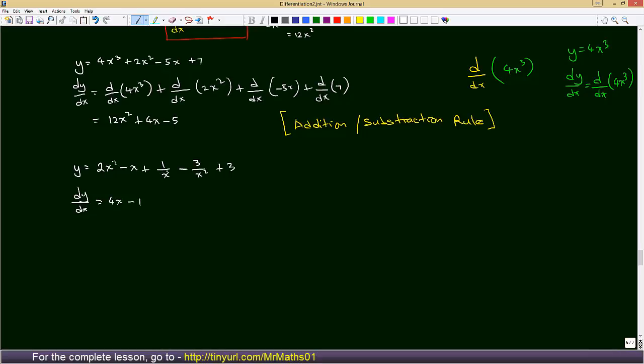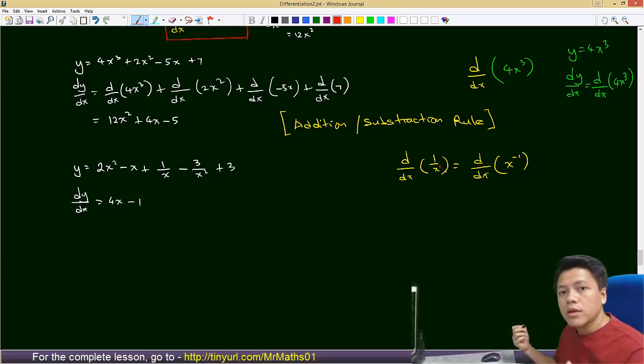Okay, now, what is 1 over x? d/dx of 1 over x is equal to d/dx of x to the power of minus 1. Imagine there's a 1 here because x is actually x to the power of 1.